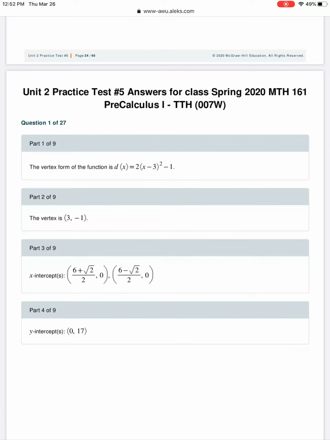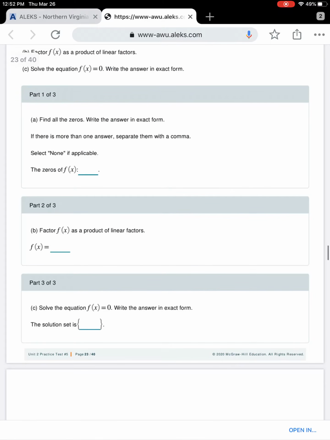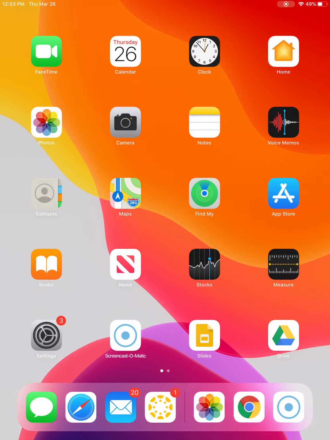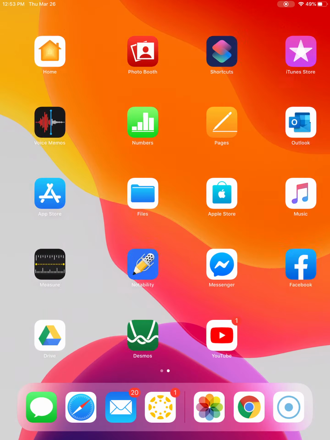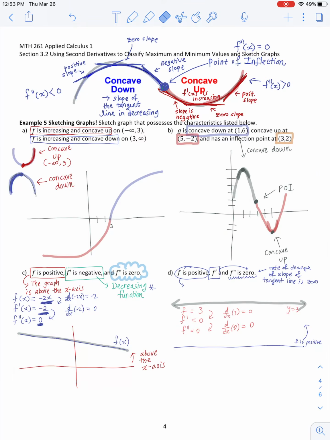Because I know Alex will randomly generate each question for you. I don't think you're going to get the exact same ones, where all 27 problems are the same ones that I'm going to go over. So anyway, this will be available to you on Canvas, but I'm going to go ahead and go over this note with you now, okay?